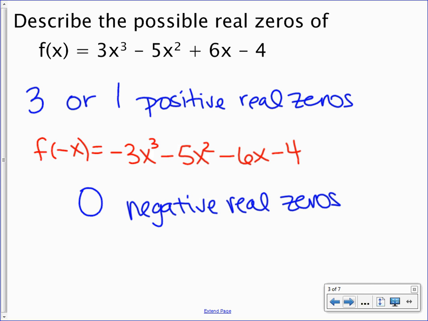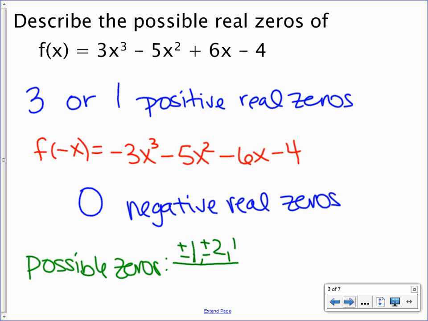Let's write our possible zeros using the rational zeros test. We have factors of our constants, 1, 2, and 4, over factors of our leading coefficient, 1 and 3.